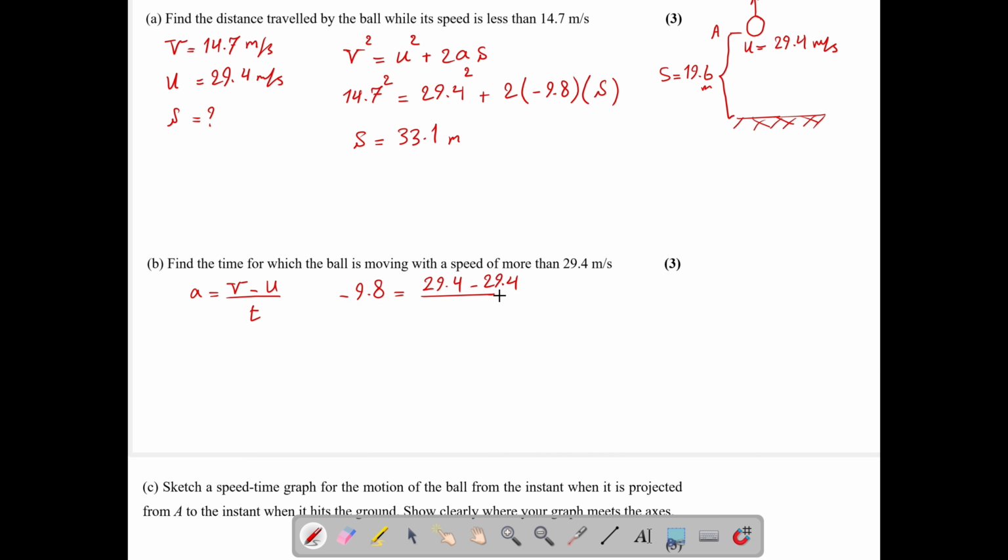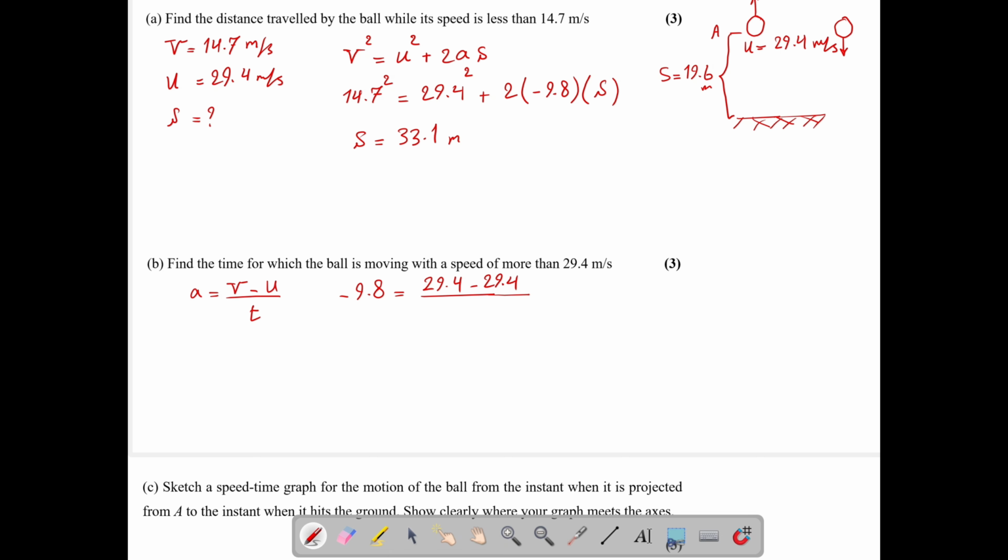But look, when we go upward, our velocity is 29.4. When we come again toward the ground, our velocity direction is changed to downward. It means that the sign of velocity is changed.